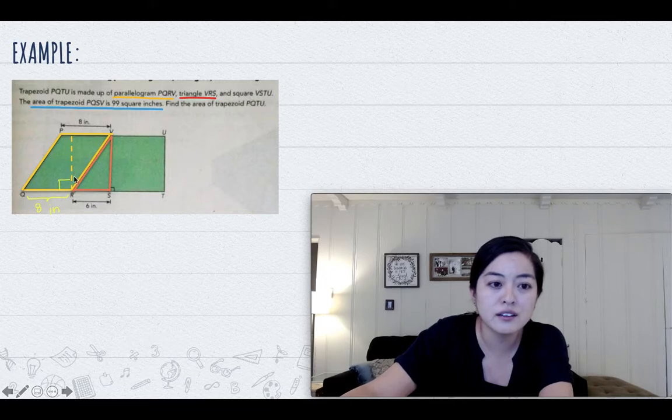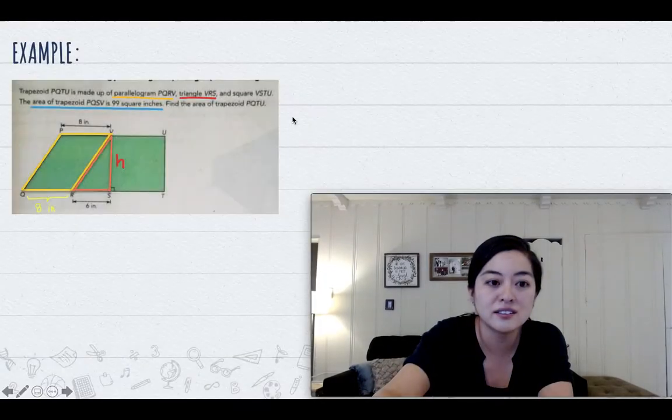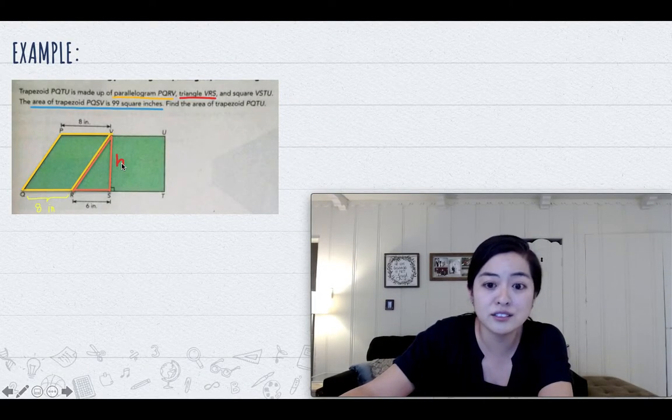Okay, so before we move on, let's look at the height. The height of this parallelogram is the same as the height of this triangle, isn't it? Okay, so once we know the height of this parallelogram is the same as the height of this triangle, which is actually the same as the height of this trapezoid over here.